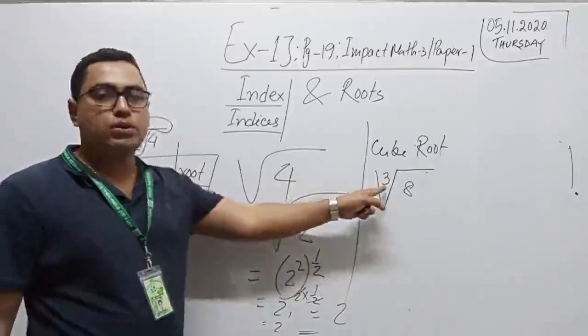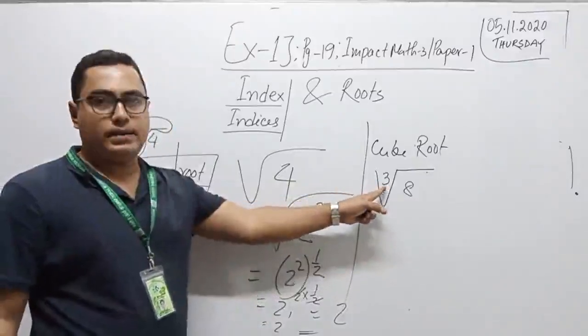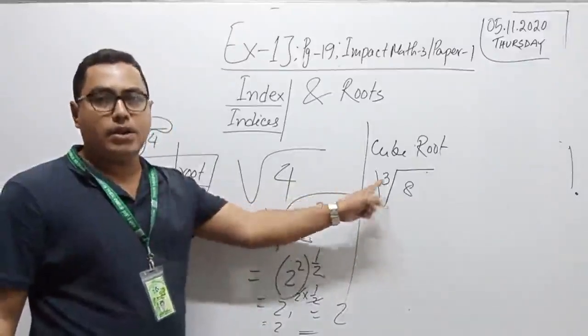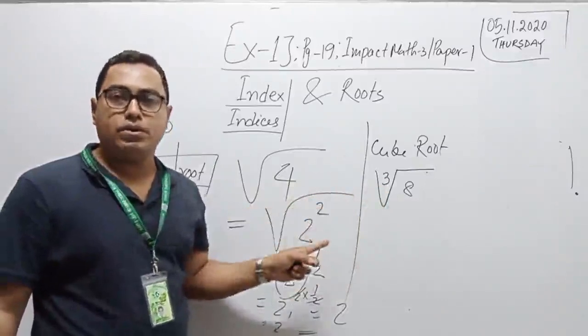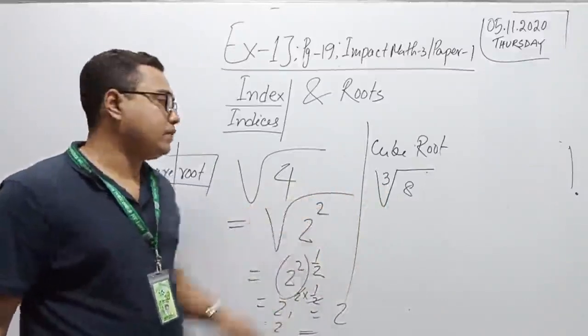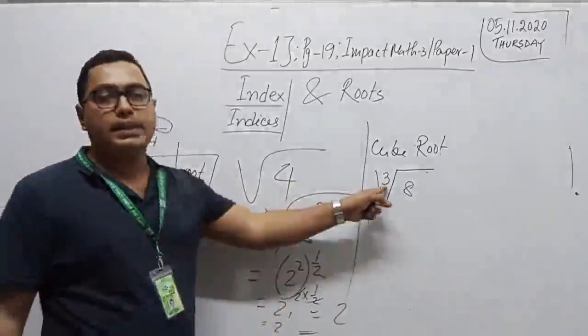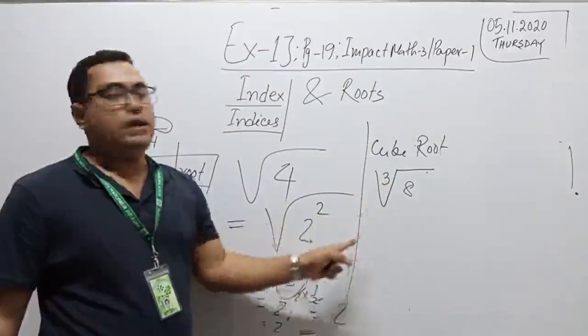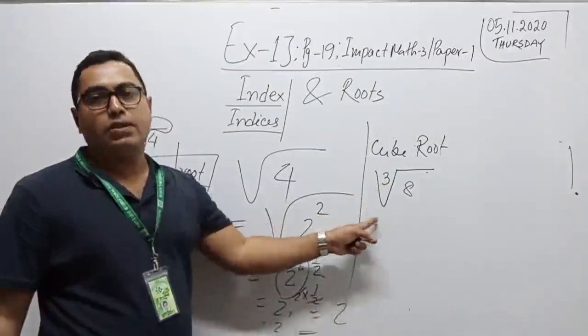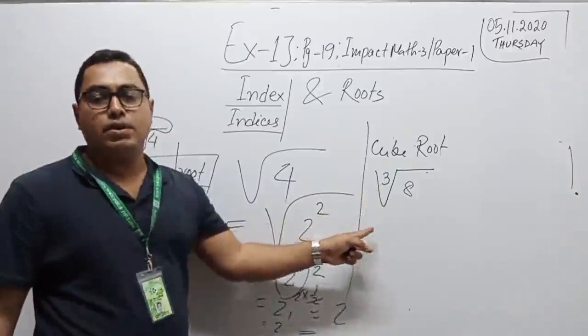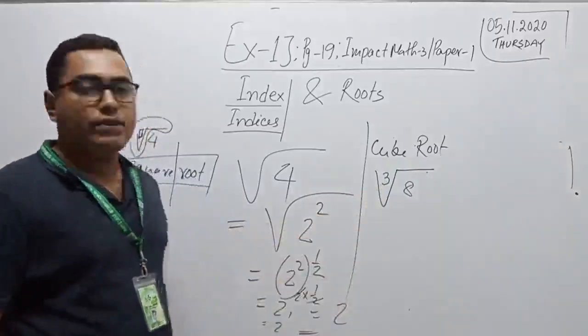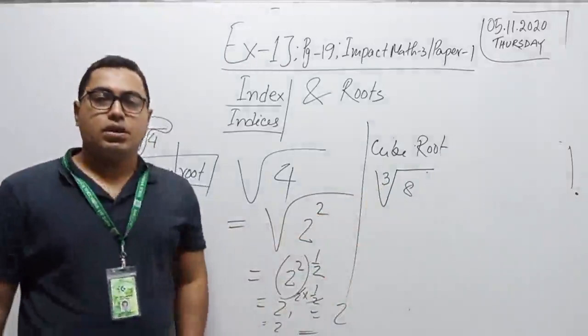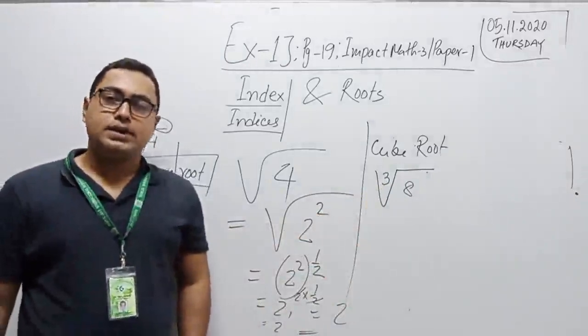But for other roots, you have to write it. It is called cube root or third root. If we have 4 here, then it will be called fourth root. If we have 5 there, we will call it fifth root, this way. 10th root, 7th root, 11th root, 100th root.